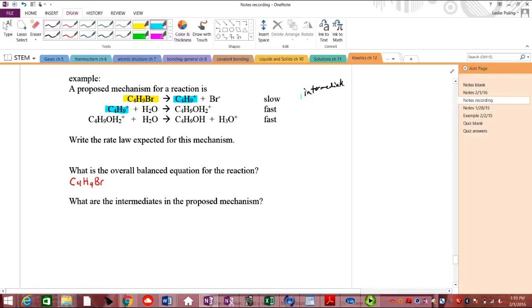So that's one of those intermediate species that's made and then destroyed. We have bromine, doesn't show up anywhere else, so that has to be a product. We have H2O, only on the reactant side. So it's a reactant.